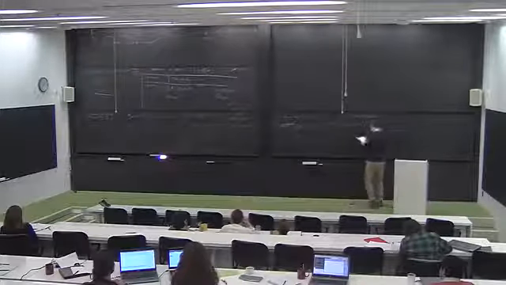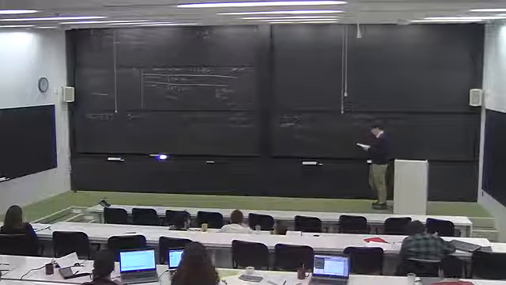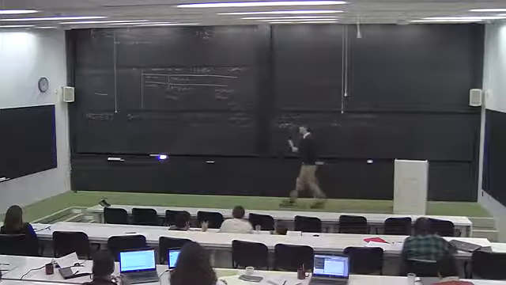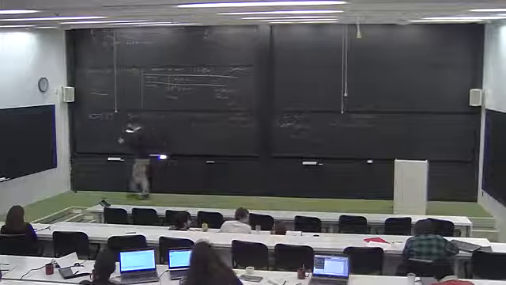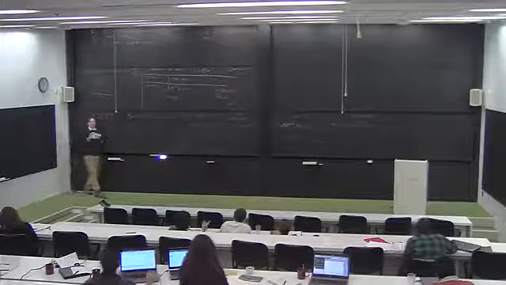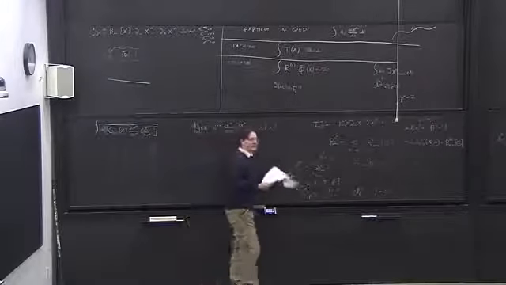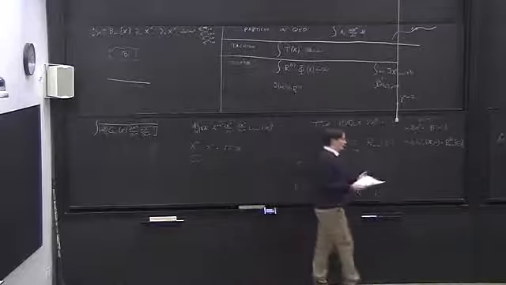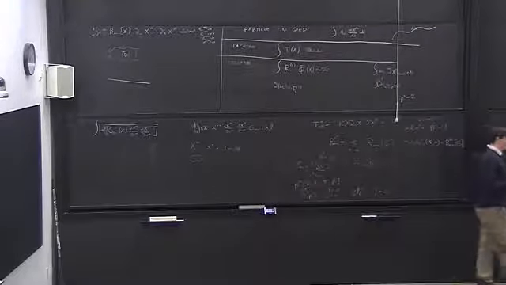Okay, so what we've seen is that it's pretty much straightforward to have strings moving in the background of some classical geometry. The geometry has to be dynamical, has to satisfy the equations of motion, and this geometry can be interpreted as excitations of your string fields.